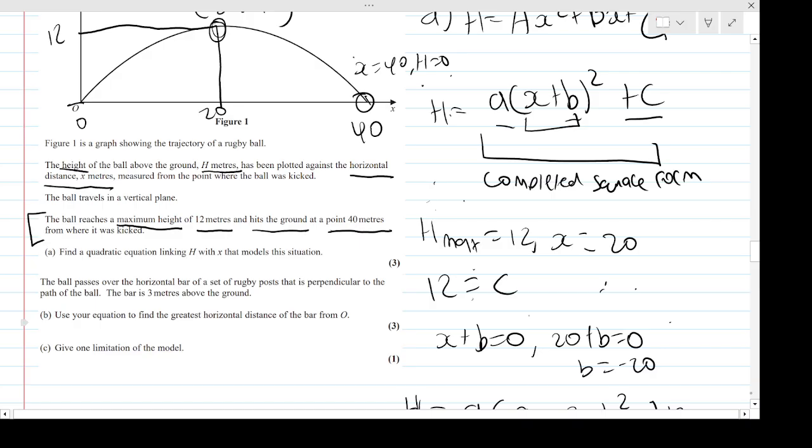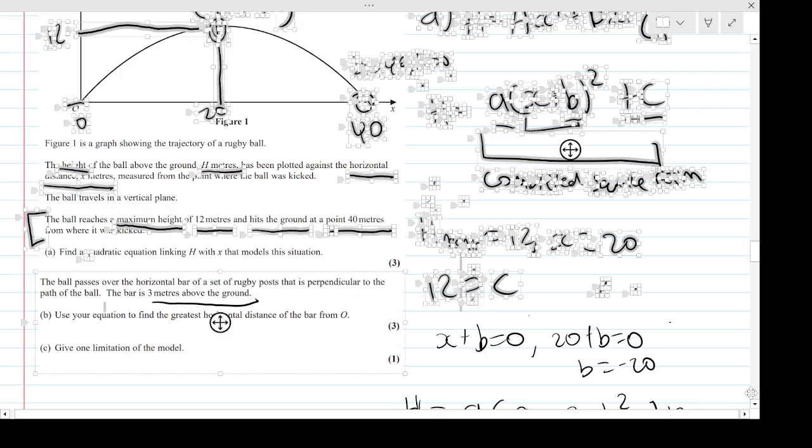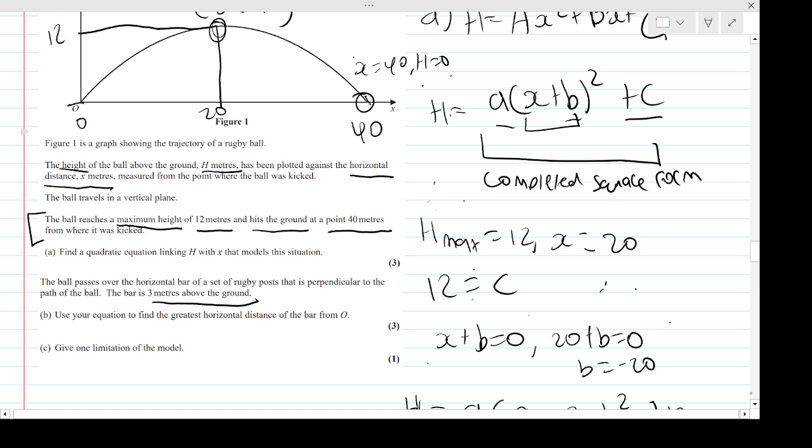The ball passes over the horizontal bar of a set of rugby posts that are perpendicular to the path of the ball. The bar is 3 meters above the ground. Okay. Underline the information. Use your equation to find the greatest horizontal distance of the bar from O. What that is essentially saying is a ball passes a horizontal bar.